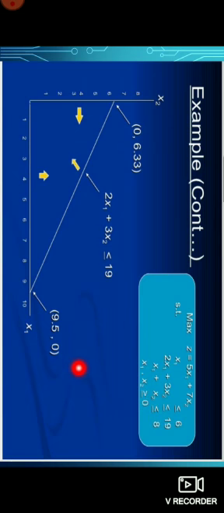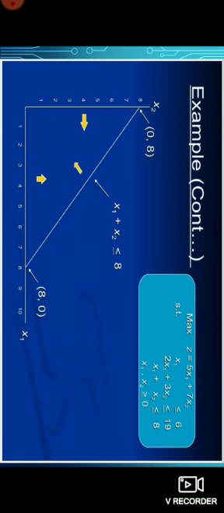And put x1 equal to 0, then x2 has value 6.33. This is the graph of the second constraint, 2x1 plus 3x2 less than or equal to 19.